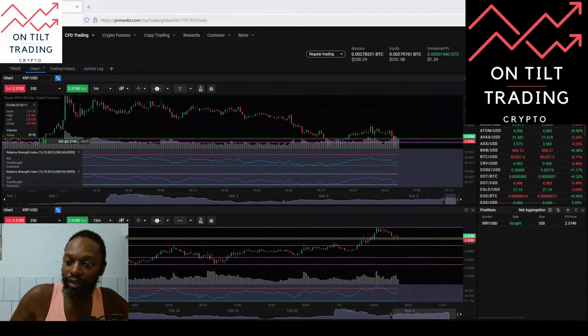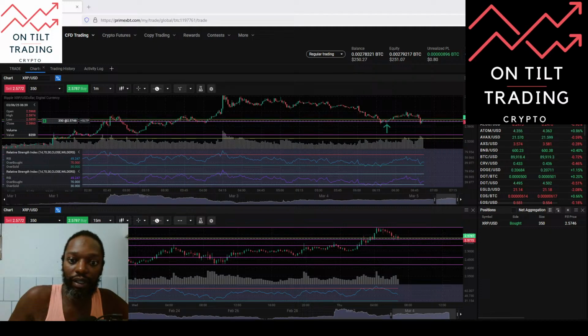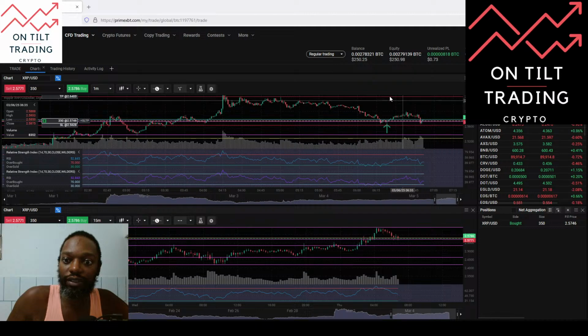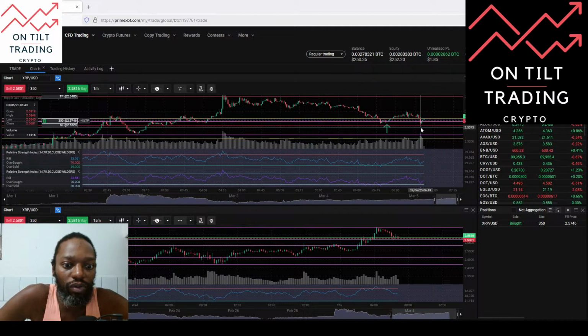So this is still considered a pullback to me, because we're still holding this level. I'll pull my stop up so you can see this is my target up here. This is my stop right here. It looks like my target has already been hit this morning, so it's unlikely we're going to go back there. We may.